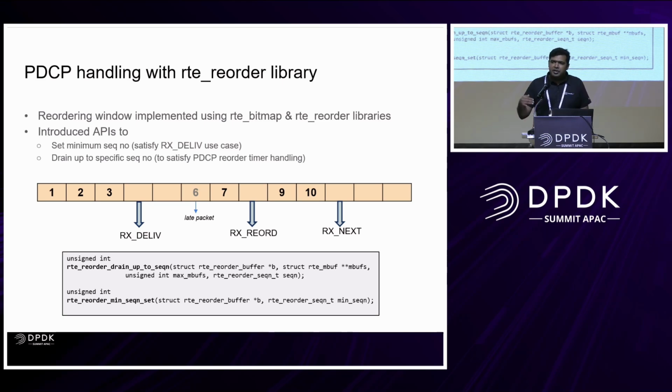It would never drain 3 if 2 is not available. So basically the reorder library would not move until all the packets are received. This matches how PDCP expects, but PDCP has another mechanism to have the window progress, and that is not supported by the reorder library. So this was one major item that we saw.